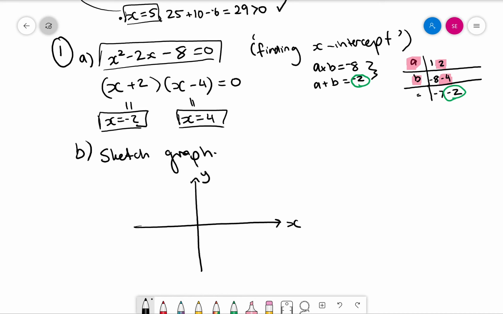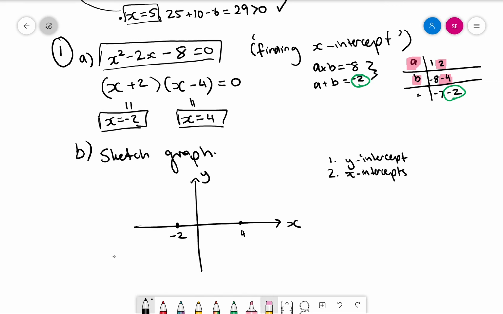We know it's going to intercept here at minus 2 and here at 4. So what else do we need to do? We've got our x-intercepts. Well, we need to find our y-intercept as well.